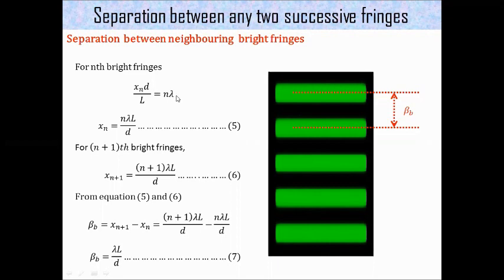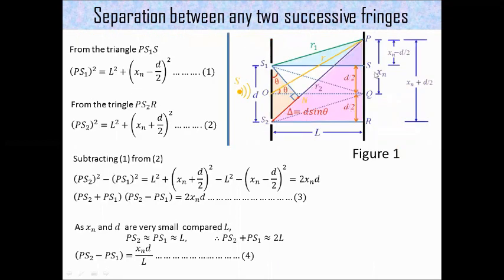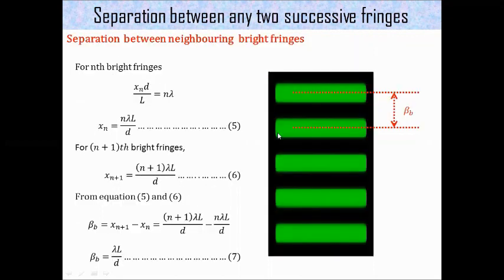Since the distance xn in figure 1 represents the nth fringe, one can write for the nth bright fringe, the path difference xn d divided by L equal to n lambda, where n is an integer. This is equation 5.